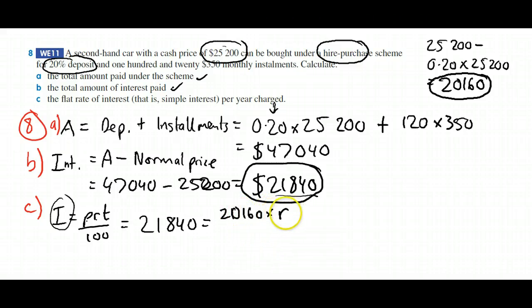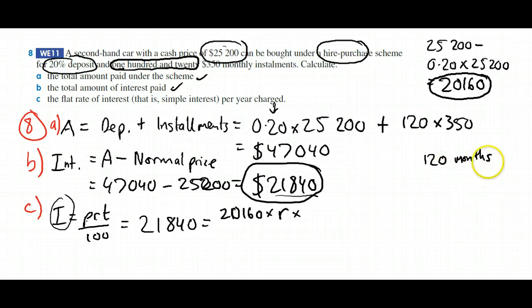And the rate of interest is what we're trying to work out, R. And T, the amount of time, is inside this amount here, 120 monthly installments. Okay, 120 months. We need to convert that into a number of years.